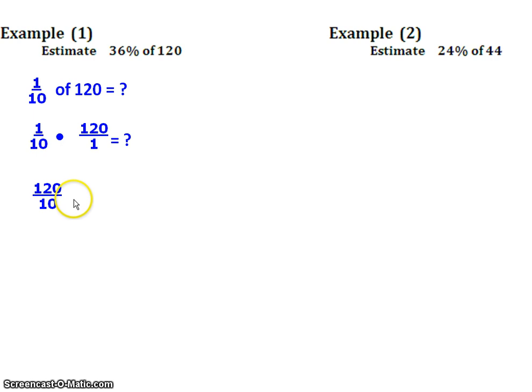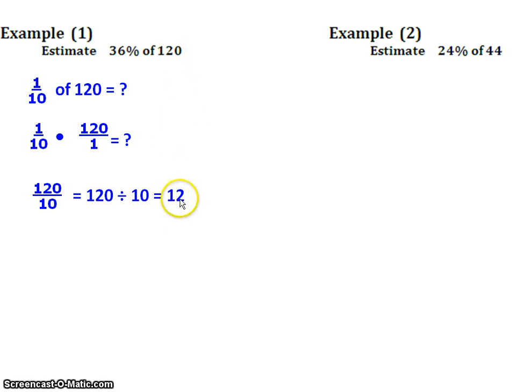Again, we are just, to begin with, trying to find 10% of 120. So 120 over 10. Remember, the fraction bar really means division. So 120 divided by 10 would give us 12. We just calculated what 10% of 120 is.